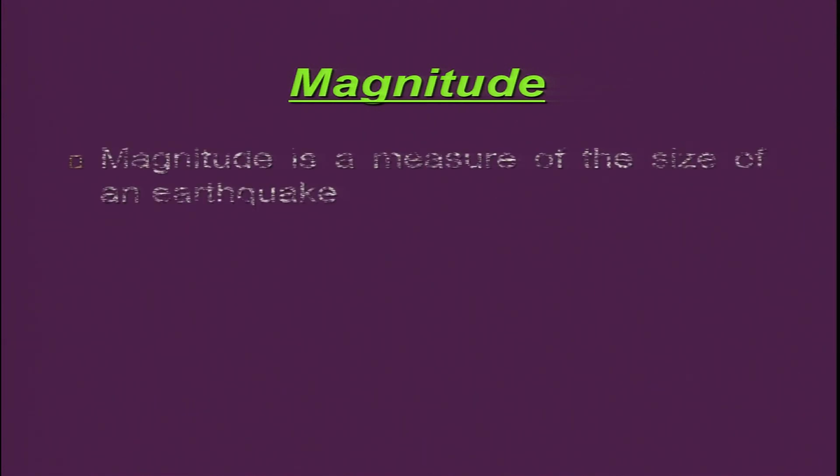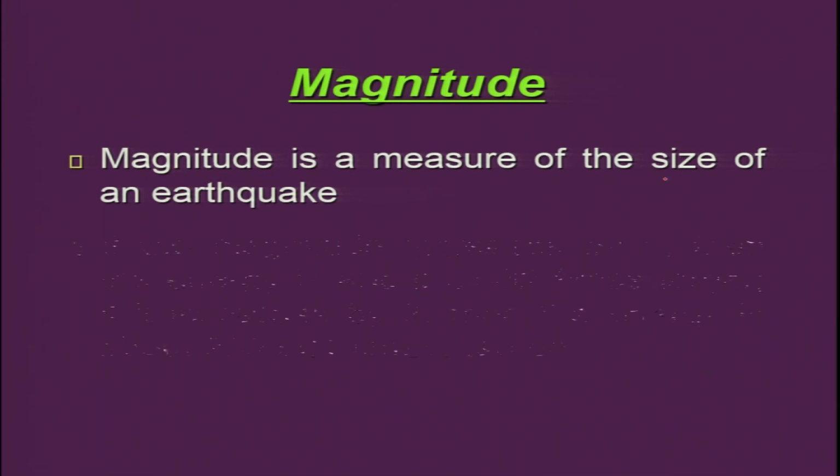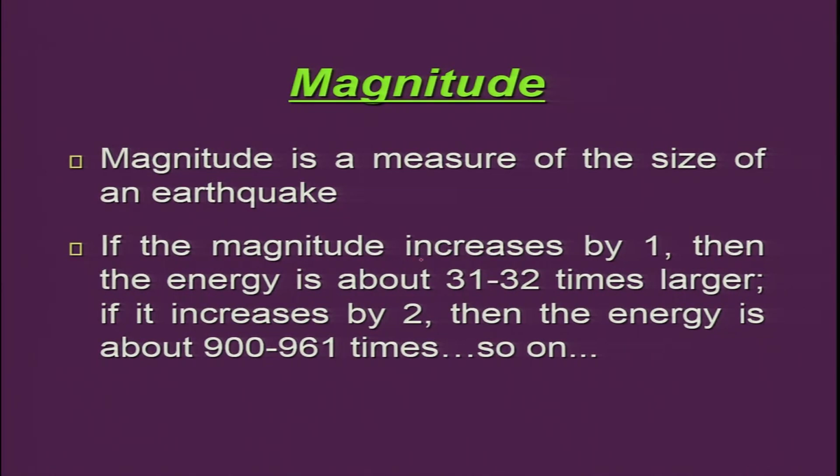Further, if you look at magnitude in terms of energy, we usually take the magnitude as a measure of the size of an earthquake. If you increase the magnitude by 1, the energy is about 31 to 32 times larger. If it increases by 2, then the energy is about 900 to 961 times, and so on.